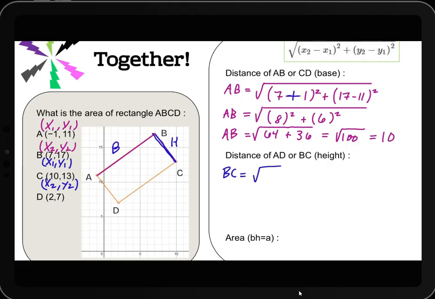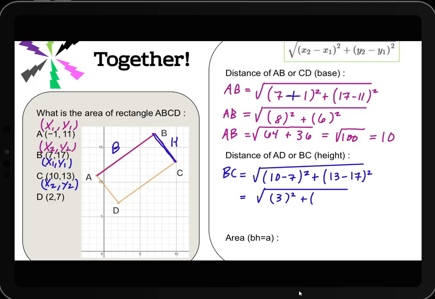Calculate that. We have 10 for x2, 7 for x1, so 10 minus 7. And then we have 13 minus 17 for y2 minus y1. So here I'm going to end up with 3 squared.